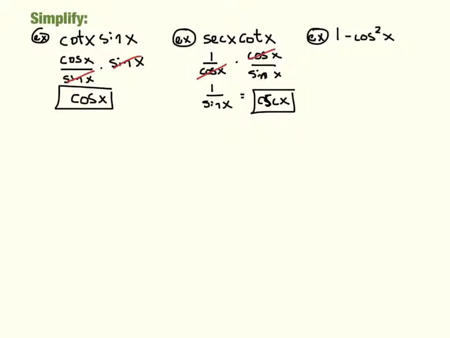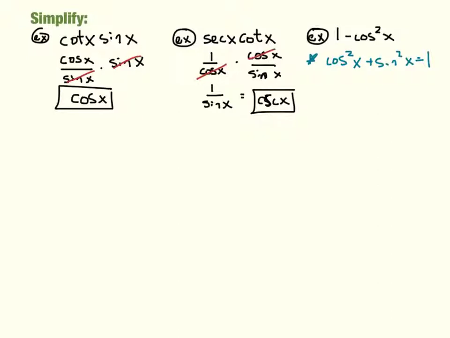Now, I want to simplify 1 minus cosine squared x. So with this one, I have to think, I've got a 1, so it's probably a Pythagorean identity. It also has a cosine squared. So can I use cosine squared x plus sine squared x equals 1? Right? Because this is the identity, and I'm trying to figure out if this can be simplified using this.